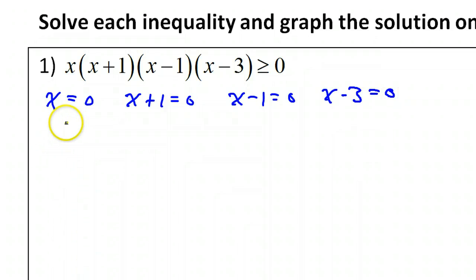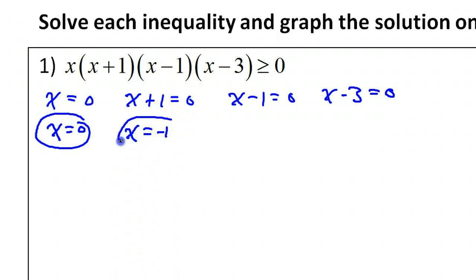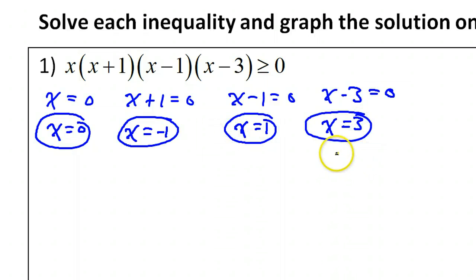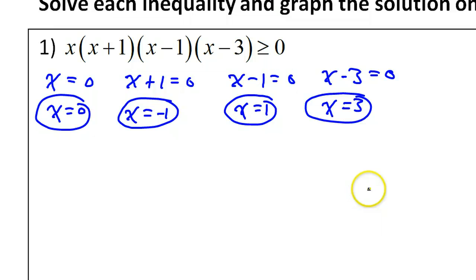Okay, so that's going to give me x equals 0, x equals -1, x equals +1, and x equals 3. So these are the zeros of the function.